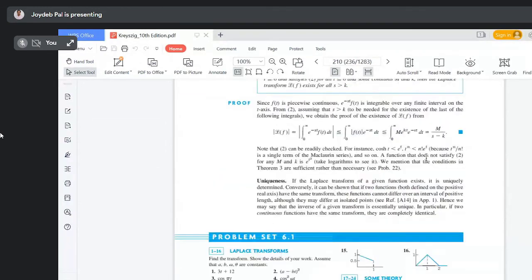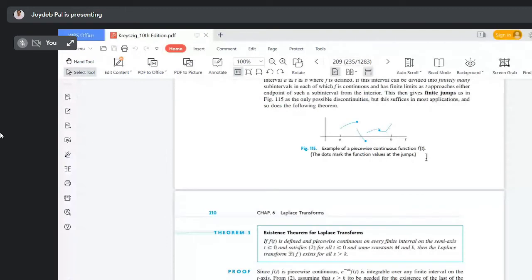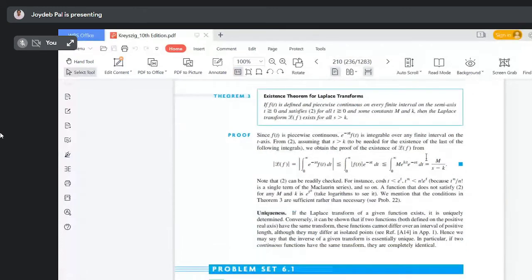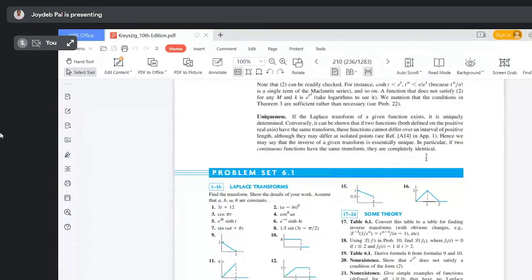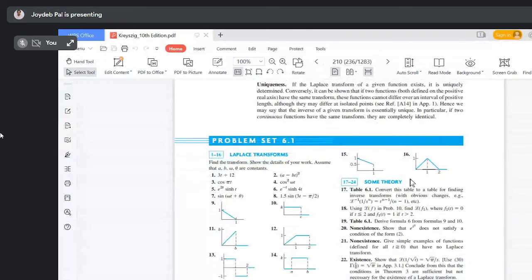I told you, when Laplace transform exists, there are two points: piecewise continuous and the growth restriction. So someone may ask, what does that mean? Tell me a function for which Laplace transform does not exist. You can remember this: e to the power t square. For that function, Laplace transform does not exist.